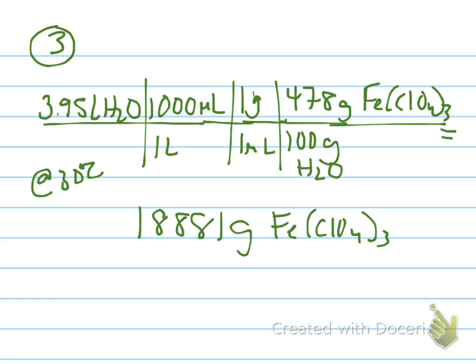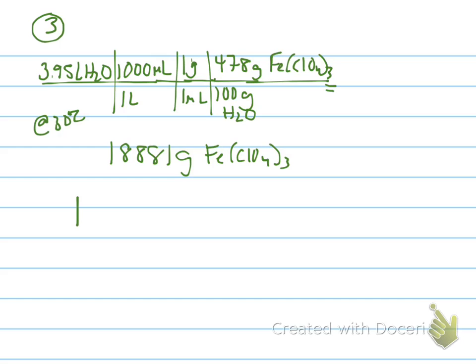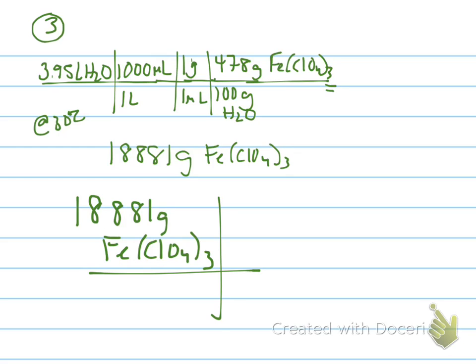Okay, so that's how much iron 3 perchlorate would be in there. Well, now we need to know how many moles of iron 3 perchlorate that is. So if we start off with our 18,881 grams, 18.8 kilograms would be a better way to express that. And we know the molar mass, iron 3 perchlorate is kind of heavy stuff, it's 354.2 grams per mole.